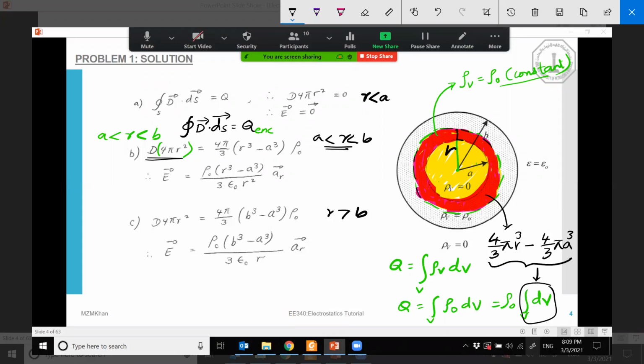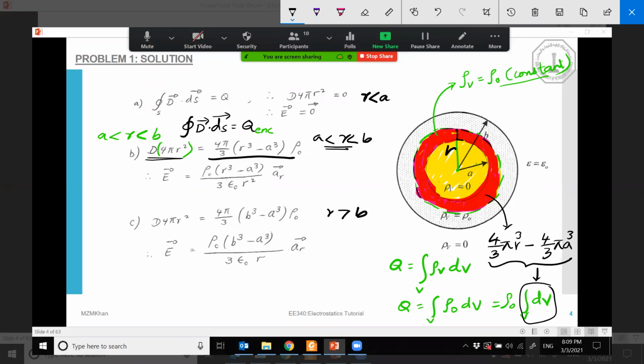And I do not need to do the integration, because my charge density is a constant. So I can just take it outside the integration and make use of the formulas that we know to find the volume. And this is how we got here: it is ρ_0 times 4/3 π (r³ − a³).